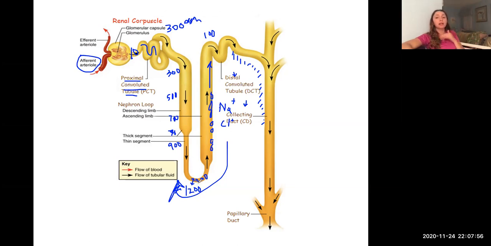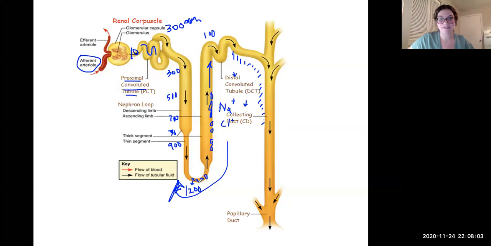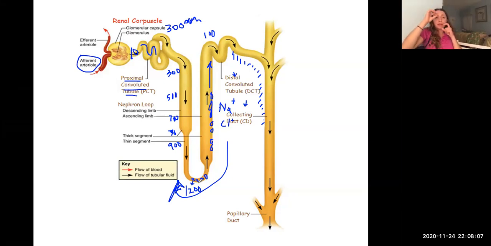As it gets to the bottom, it equilibrates. This just means the milliosmoles are the same outside and inside, and a good bulk of the water has left.